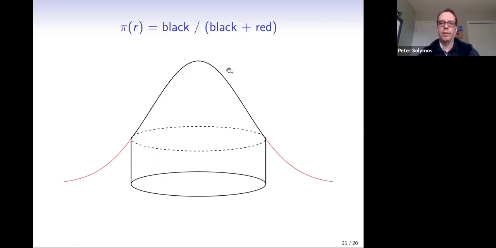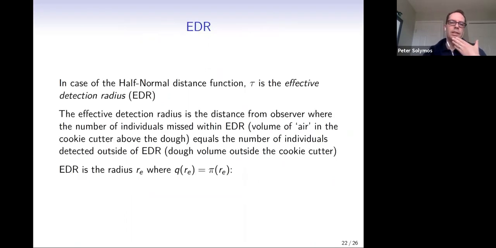So why this is important is because this leads us to something called EDR. EDR stands for effective detection radius. And in this case of the half normal, tau equals EDR. So if we can estimate the shape parameter tau from our distance function, then we know what our effective detection radius is.